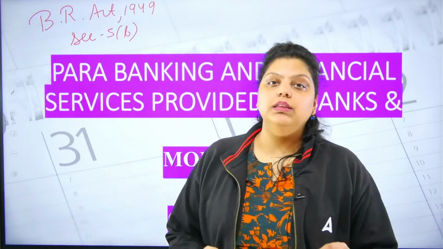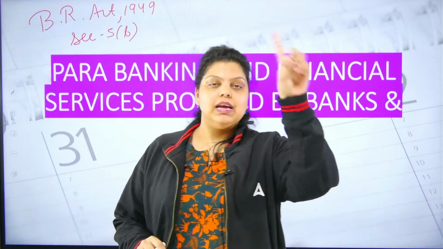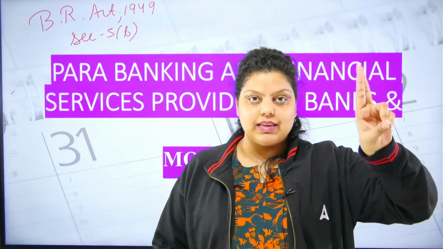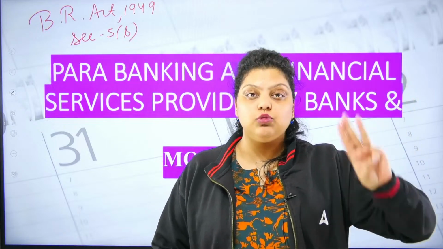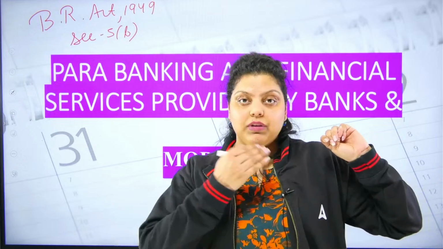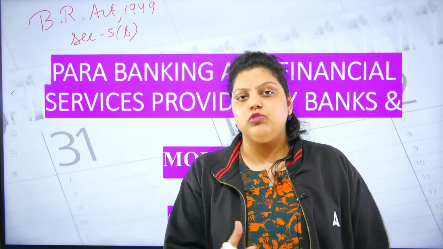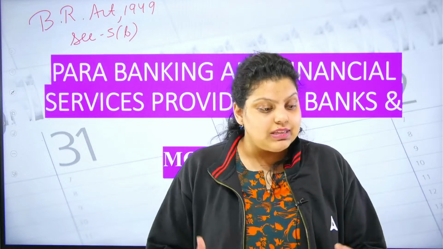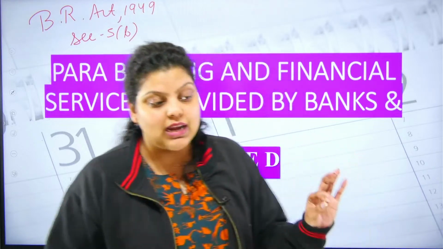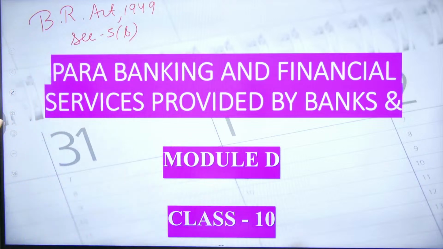We have studied that the business of banking is first, accepting deposits from the public; second, for the purpose of lending or investment; third, it will be repayable on demand and withdrawable by the right documents, cheque, demand draft, etc. This is the business of banking defined under Section 5B of the Banking Regulation Act 1949.